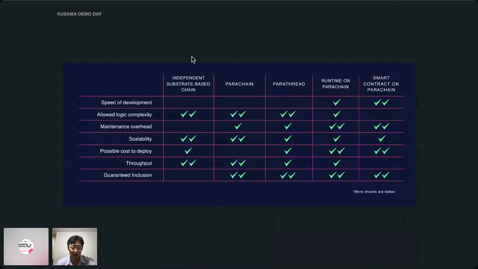You could build a runtime on top of a parachain or parathread, and you could build a set of smart contracts on a parachain or a parathread. Each of these ways to build on Kusama has its trade-offs and advantages. What this really shows is that there is a myriad of ways for builders to consider, and there's a taste of a type of development process for pretty much everyone within the Kusama ecosystem, as well as in Polkadot to some extent.